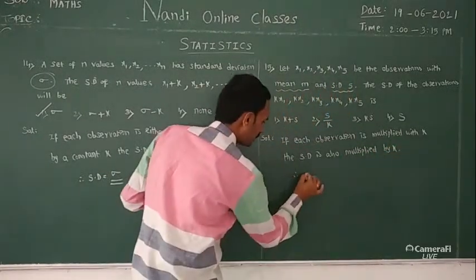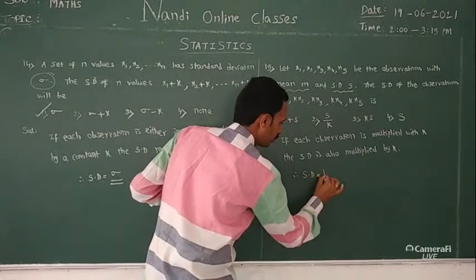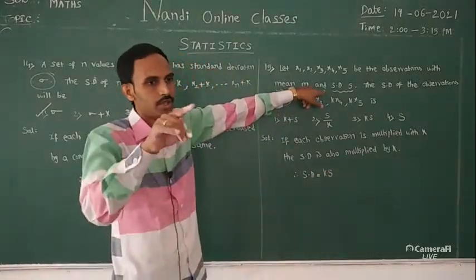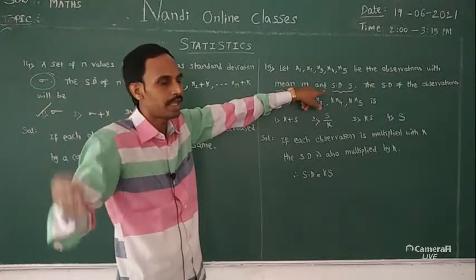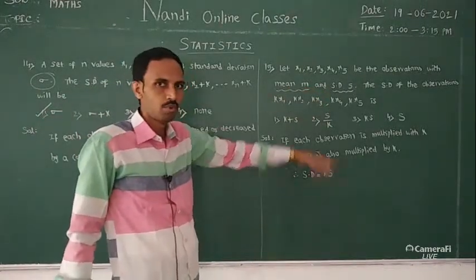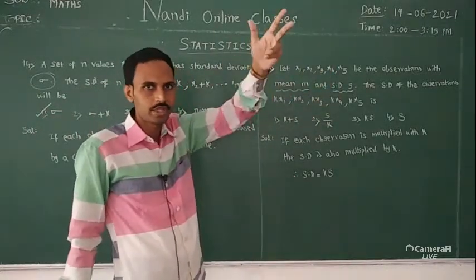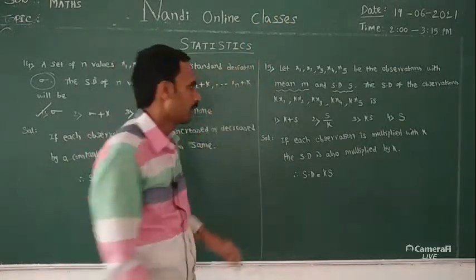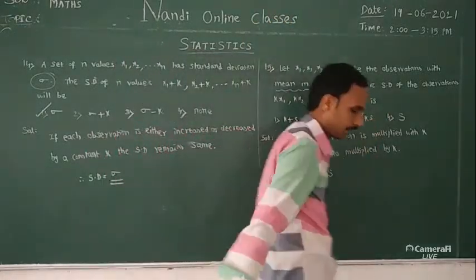So therefore the standard deviation is equal to ks. Old standard deviation is s. New standard deviation is k into s, ks. They asked to find the new SD. New SD is k into s. So the third option holds. Write it.